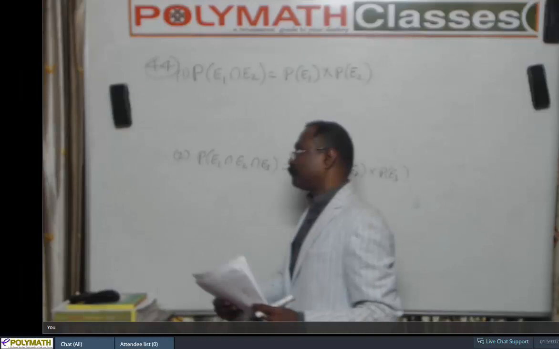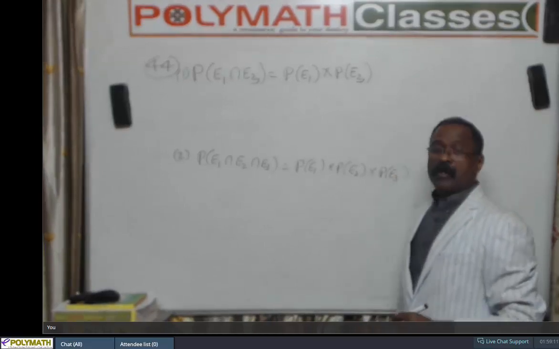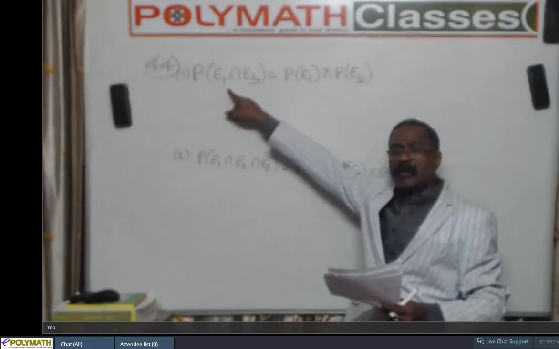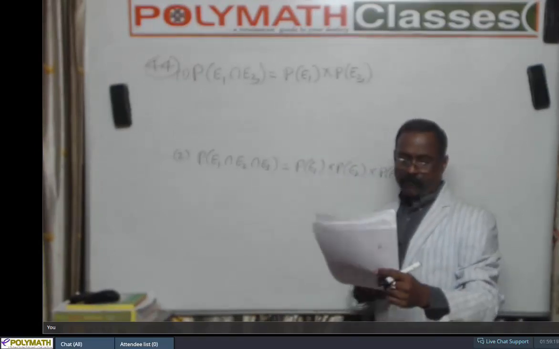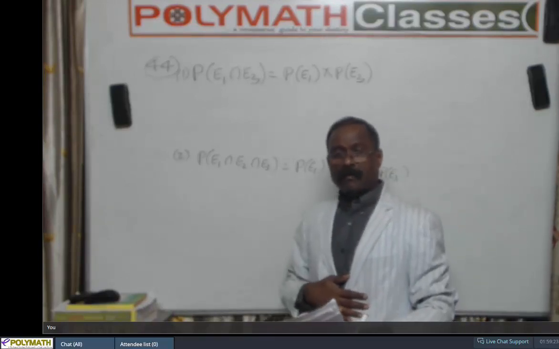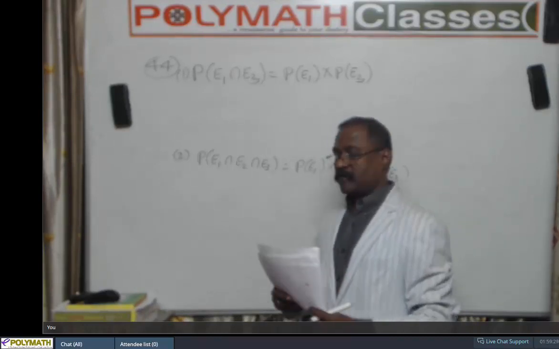This is not E2, this is E3. Now, E1 intersection E3 means getting number 4 and the sum being odd. When is it possible? How many such outcomes will there be?